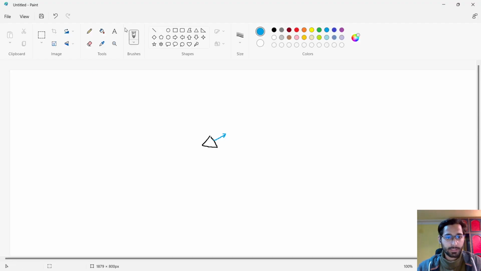But rather than getting that, what we need is this vector, which will be the global forward vector. Not really.